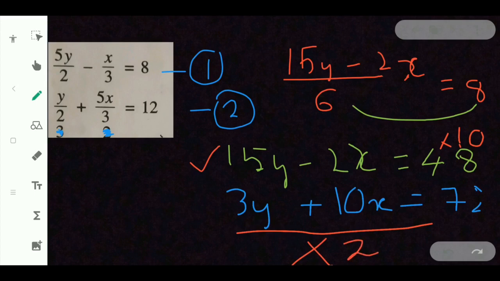So if I multiply 15y into 10, that is 150y, and minus 2x with 10, minus 20x is equal to 48 into 10, which is equal to 480. So we will be getting 150y minus 20x is equal to 480.